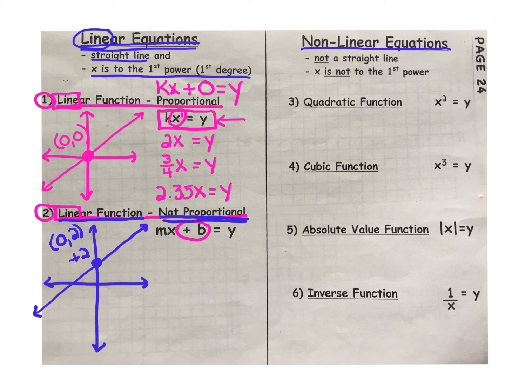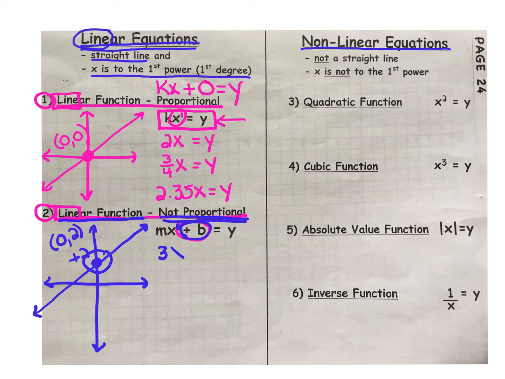So when we write this equation, we know that our intercept will be 2. Now this equation looks almost like a proportional equation where x is to the first power. However, in this case, there will be a y-intercept. Something like this.